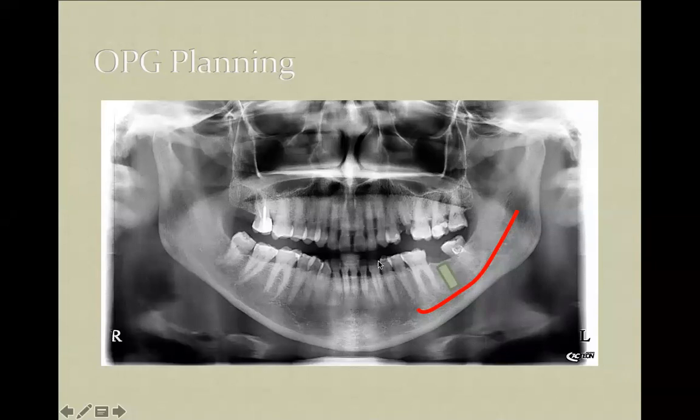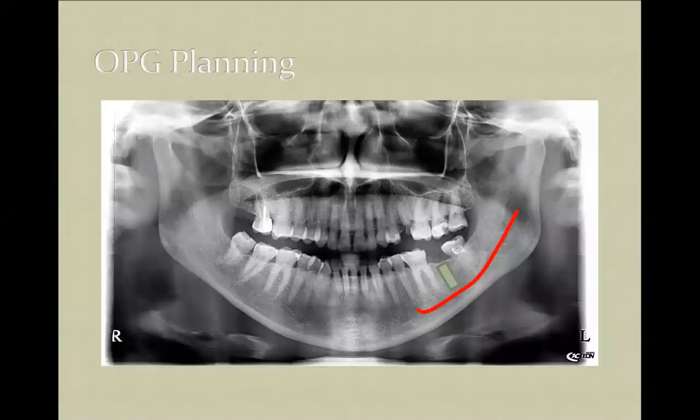But with OPG, it is difficult. With OPG, it is dangerous. Why? Because the standard deviation of the OPG between patients, between different systems, might be raised up to 25%. And that is a problem.